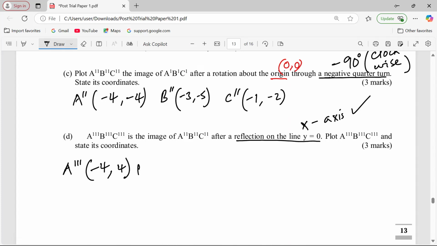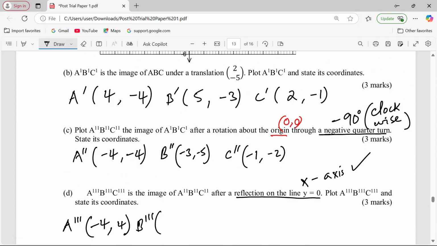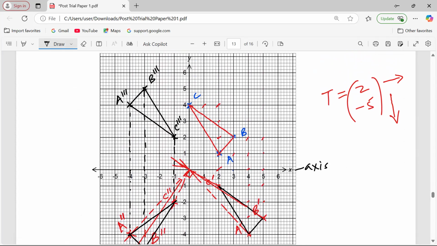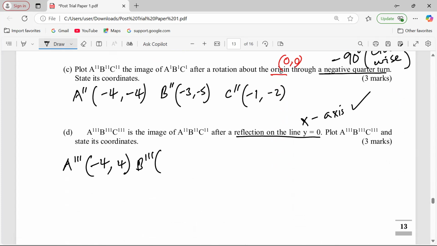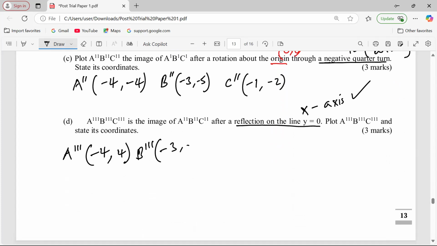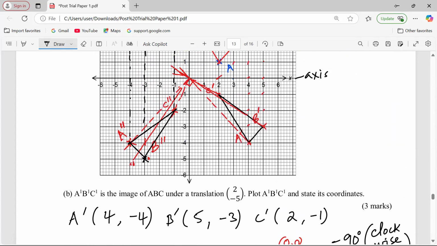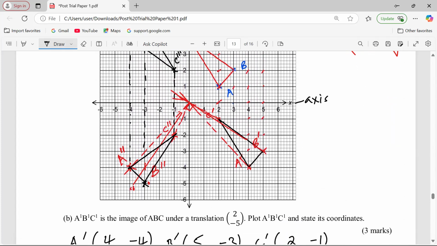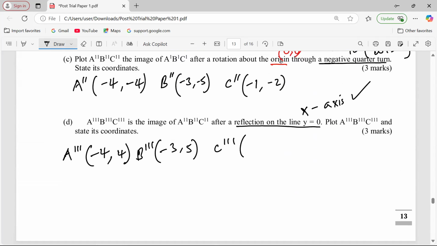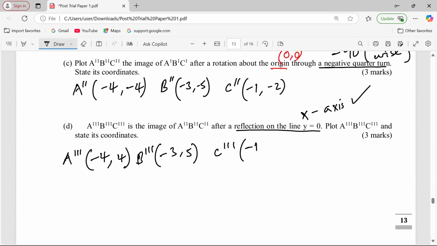Then B triple prime shall have the coordinates -3, 5. Then C triple prime shall have the coordinates -1, 2, that way.